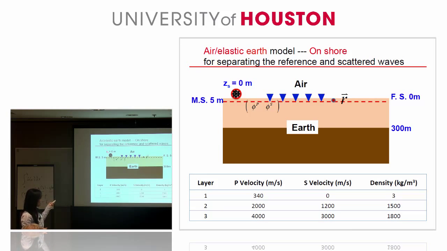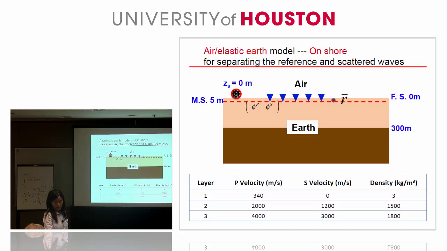And we put the source on the free surface, and it's a P source. And we put the measurement surface 5 meters below the free surface, and it can have both P wave and S wave. So now assume we can also have its gradient, and we have the Green's function and its gradient. We just put all these terms into that wave separation formula. We can get our reference wave and scattered wave separated.